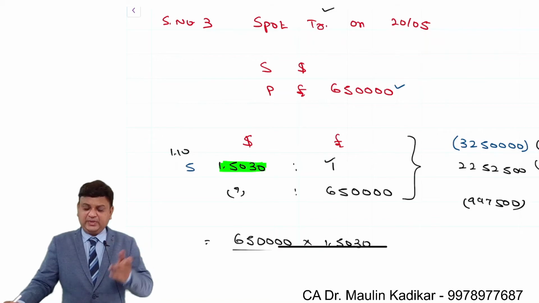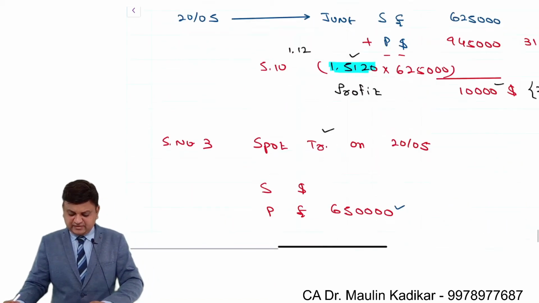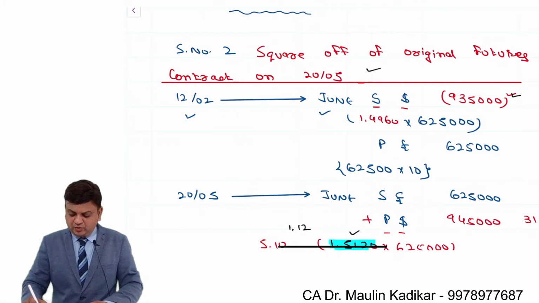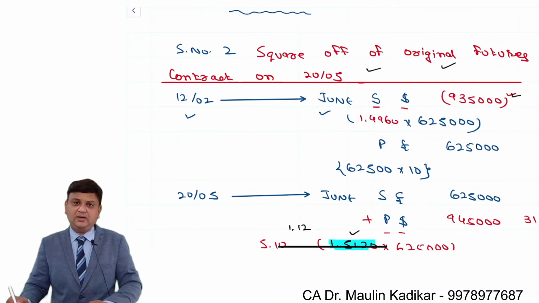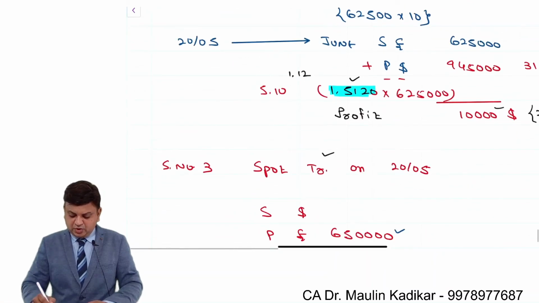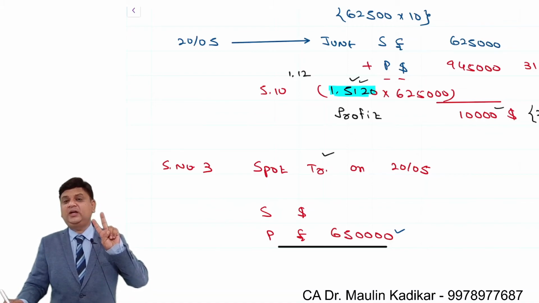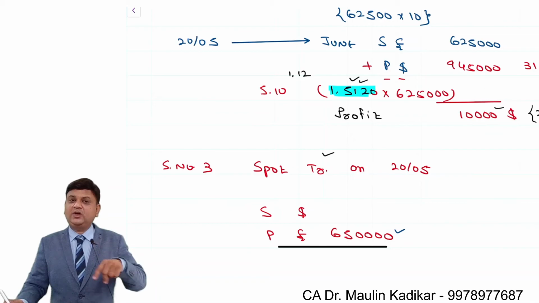Another important aspect, all of you must have understood now, that in order to square out the original futures contract, you require the new futures rate prevailing on 20th of May for the month of May, if at all the earlier futures contract was entered into for May, which is missing in the question. So we did not have a choice but to enter into the June futures.